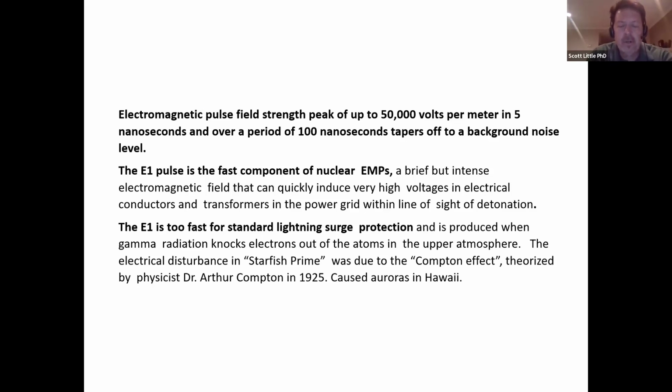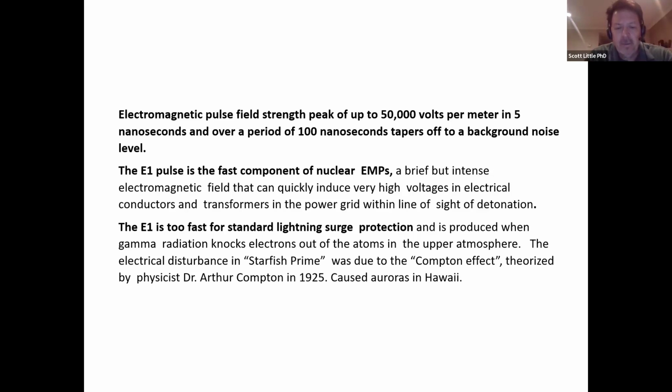I think that's part of what was happening in Australia, down there in Indonesia, with the issues they were having with that latest EMP. And lightning surge protection doesn't work on it, because it's moving too fast, and it's mainly gamma radiation. It's not standard electromagnetic radiation. So it's moving too fast for any sort of lightning surge protection.